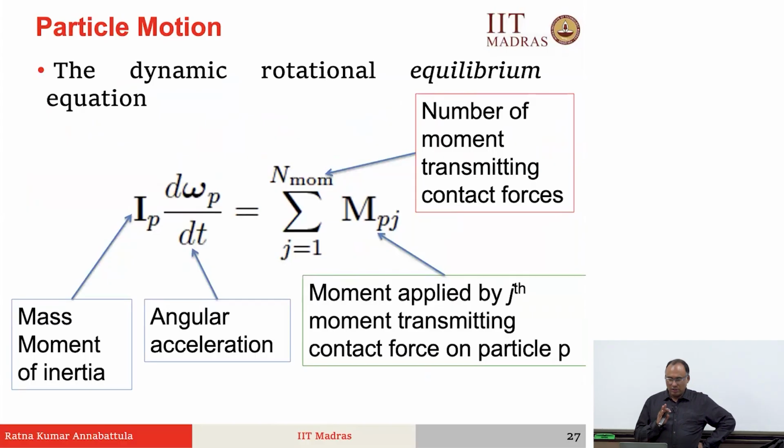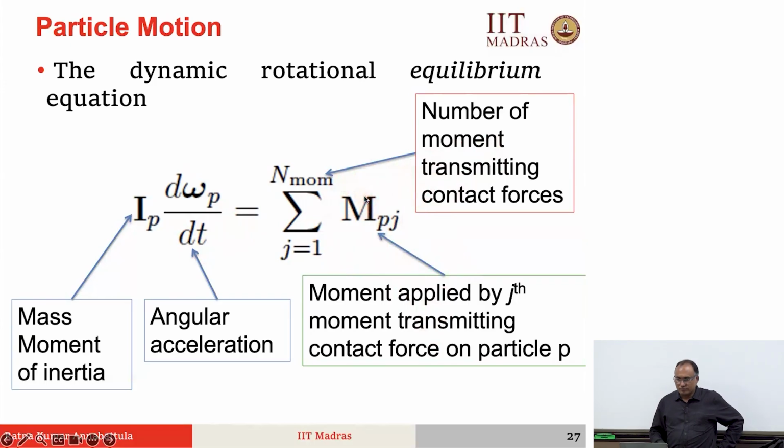That is about your linear terms, but you also have angular displacements. As a result, you have angular velocity and angular acceleration. This term is your mass moment of inertia, this is angular velocity, the derivative of that is your angular acceleration, and this is the sum total of all the moments acting on the particle, by contact force on particle P and the number of moment transmitting contact forces.